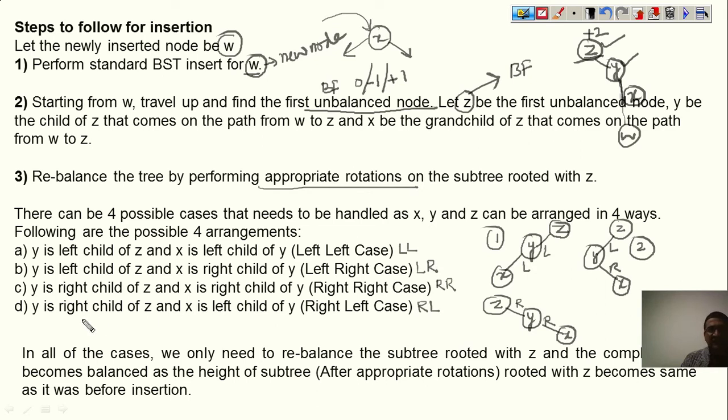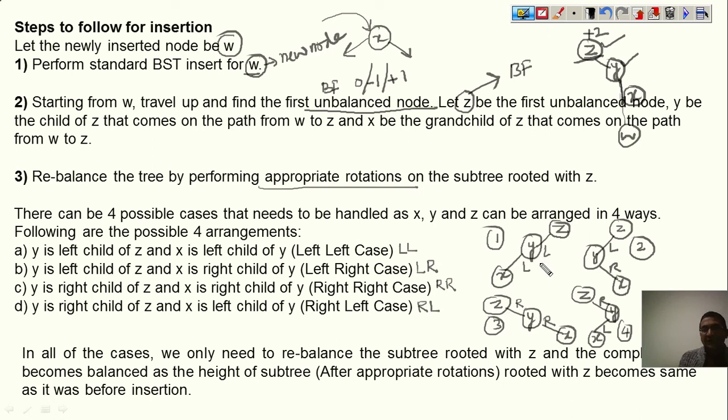Similarly we have the right left case, case number 4: we have Z, then a right child Y, and then a left child X. This is called the right left case. So these are the 4 cases, 1 2 3 4, and first we have to identify which case is applicable in our scenario, and then accordingly we will do it.